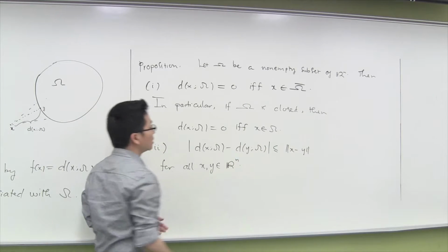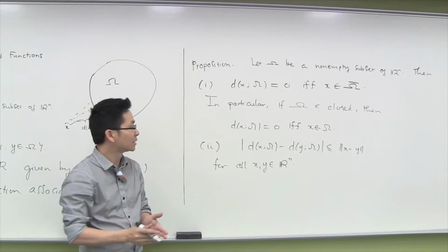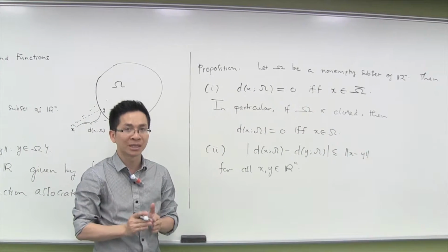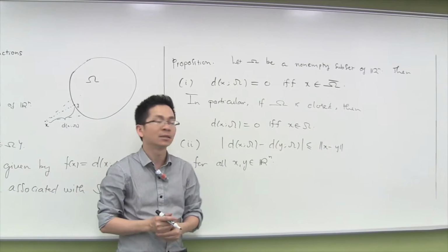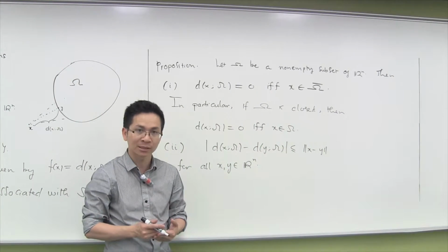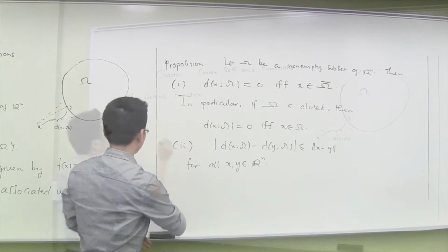Okay, so the second property tells us that the distance function is Lipschitz continuous with Lipschitz constant 1, and in particular, the distance function is uniformly continuous. Now I'm going to give the detailed proof of the proposition.